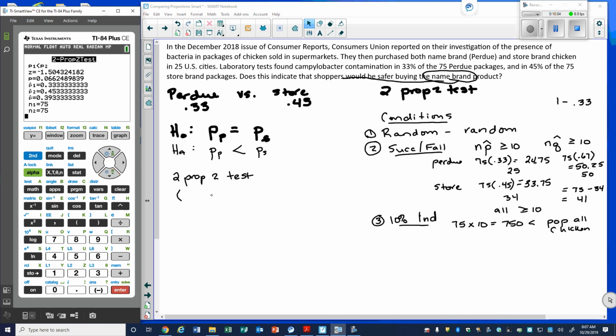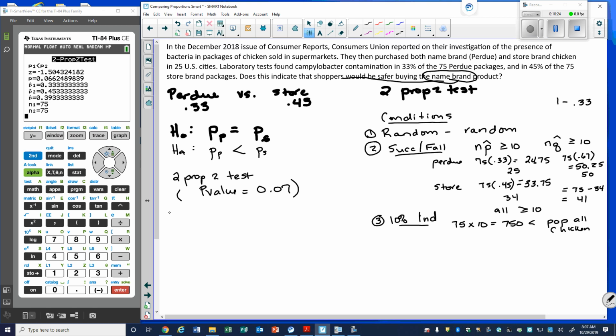So what I get is a p-value, and not the p-hats, just the regular old p-value. If we round that, we get a p-value of 0.07.